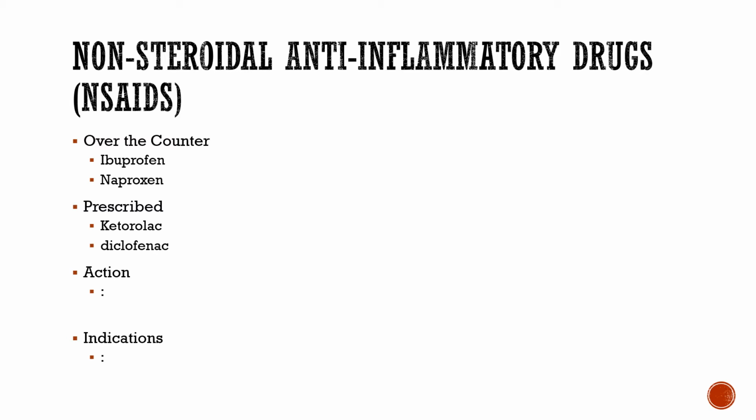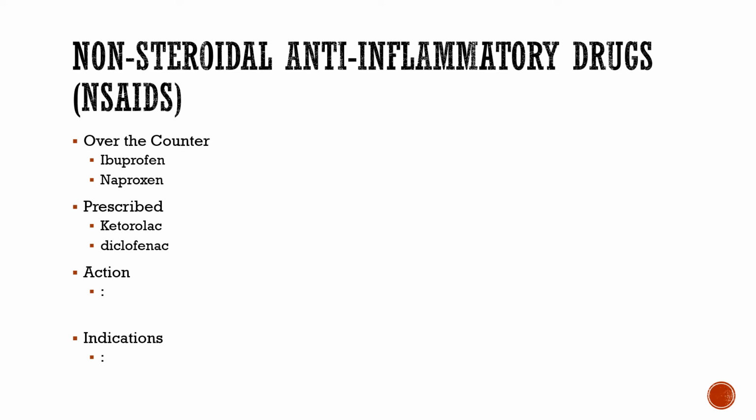Don't worry so much about this direct action as far as the COX-1, COX-2. Just understand more that it's got anti-inflammatory and analgesic effects. And so those are indications: pain, mild to moderate pain, and fever. Pain associated with arthritis, pain associated with inflammation, pain associated with all kinds of stuff.